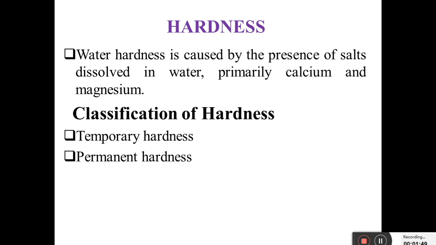Water hardness is caused by the presence of salts dissolved in water, primarily calcium and magnesium. There are mainly two types of hardness. The first one is temporary hardness, or carbonate hardness, and the second one is permanent hardness, or non-carbonate hardness.